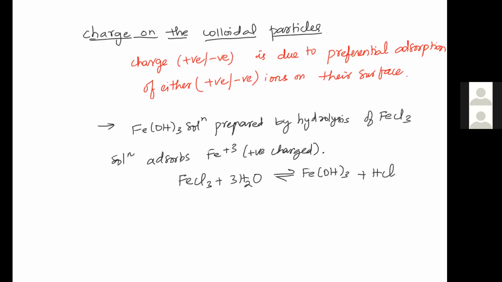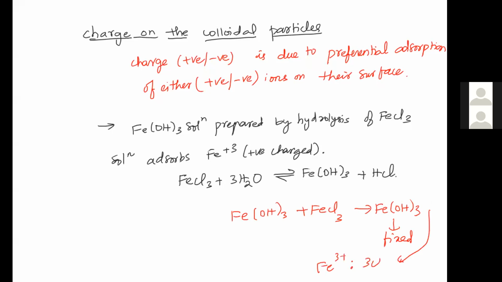So in the FeOH thrice, we have the fixed part, Fe plus 3, and we also have Fe3 plus with 3Cl minus. This is the diffused part. That is the fixed part.